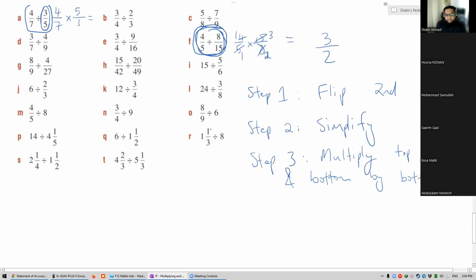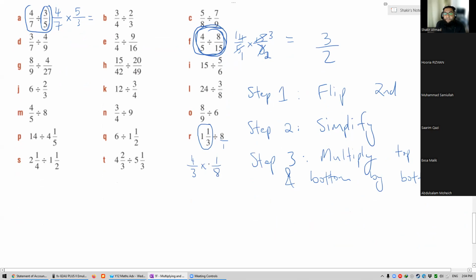So as before, if you have to do this, make sure you can use a calculator if you want to. 3 times 1 is 3, plus 1 is 4, 4 over 3. So this is 4 over 3 divided by 8. Now remember, 8 is the same as 8 over 1. So to find the reciprocal, it's 1 over 8. So 4 over 3 times 1 over 8.